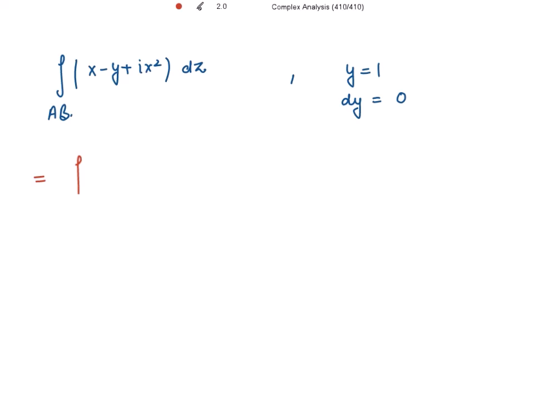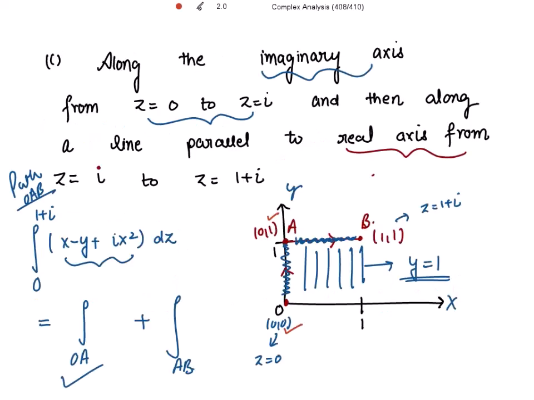So this is equal to the integration of x minus 1 plus iota x square, and dz will be dx plus iota dy. So we have to write dx only, dy is 0, and the limits for x, what are the limits for x? It is from 0 to 1.